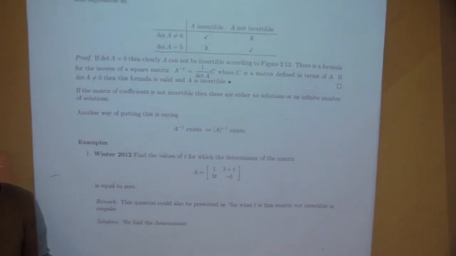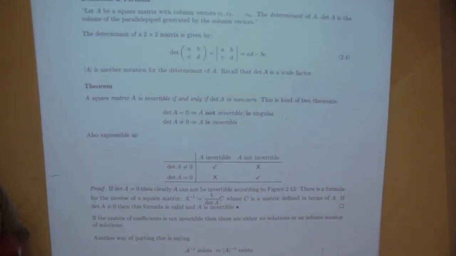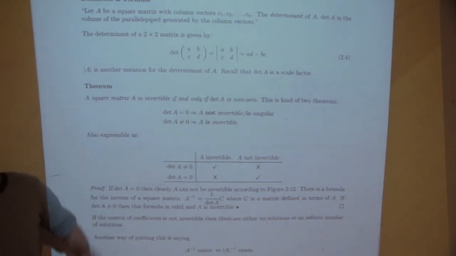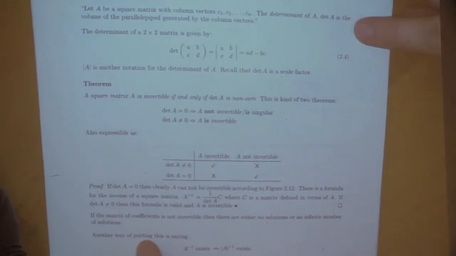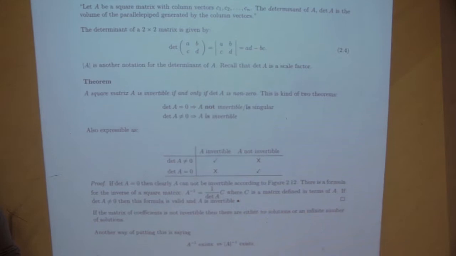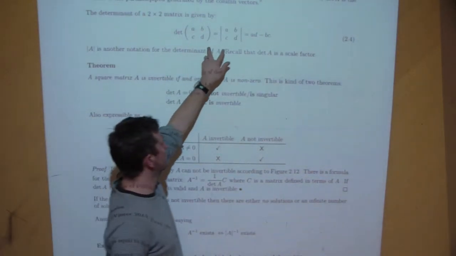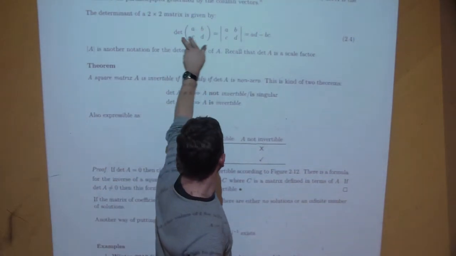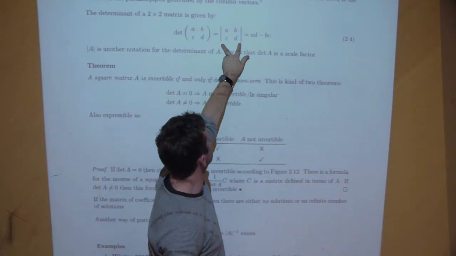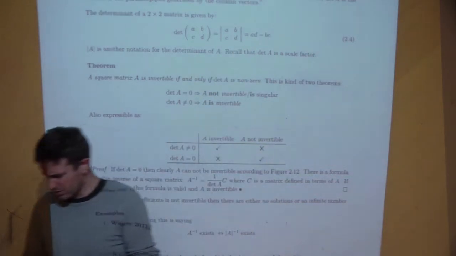So there's some kind of complicated stuff. This here is the full definition, which is a little bit difficult, but basically says the determinant, blah blah blah. We're only interested in 2 by 2 and 3 by 3, and they can both be summarized as right down diagonals minus left down diagonals. The determinant of a 2 by 2, which you write like this. This is just another way of writing down the determinant, so maybe we'll make that explicit.